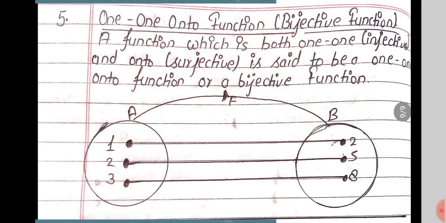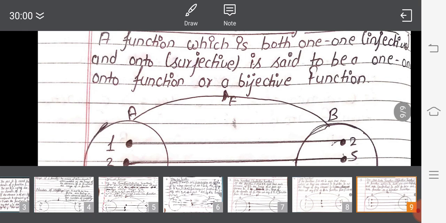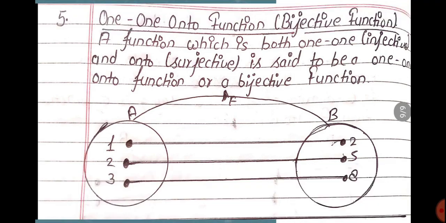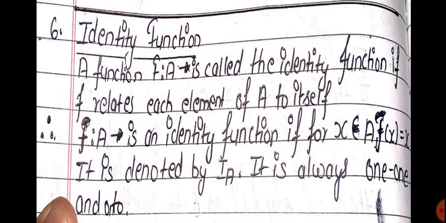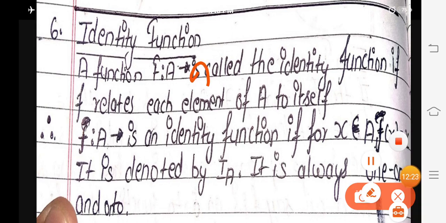Come to the next type of function, that is the identity function. A function f from A to A is called the identity function if every element of A is related to itself only.